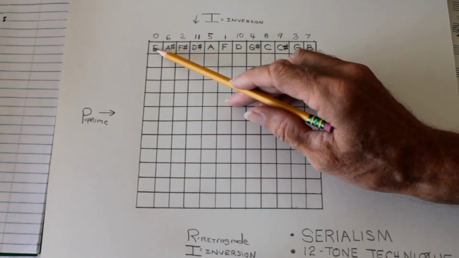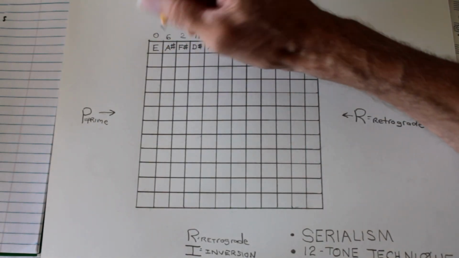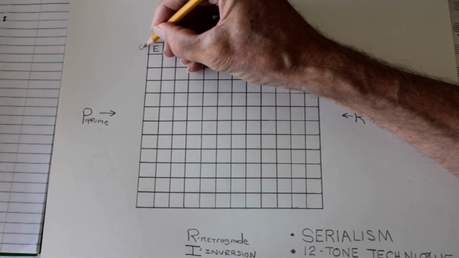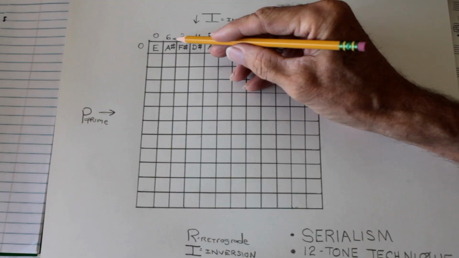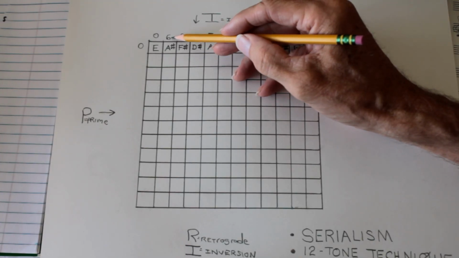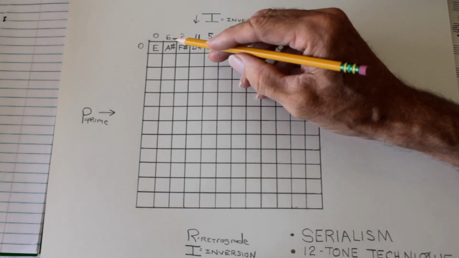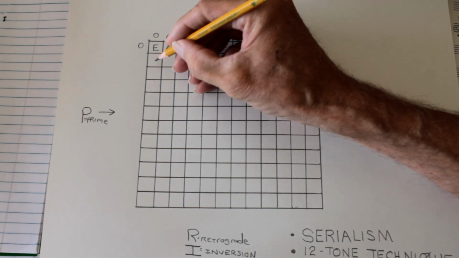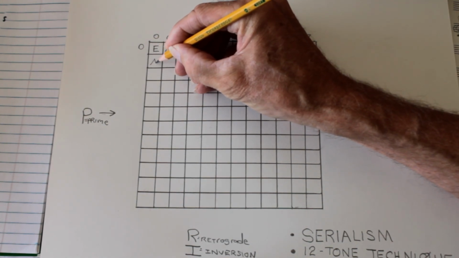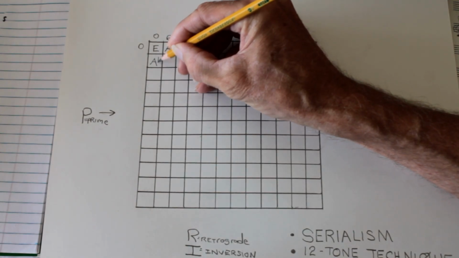Alright, so this 0, this is also a 0, so there we go. Okay, so 6. What plus 6 equals 12? It'd be another A sharp, wouldn't it? Okay, so that would be there.